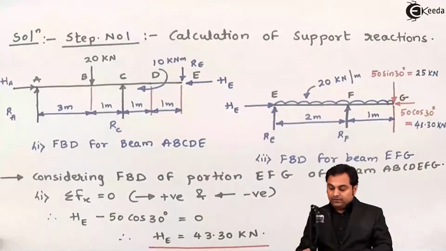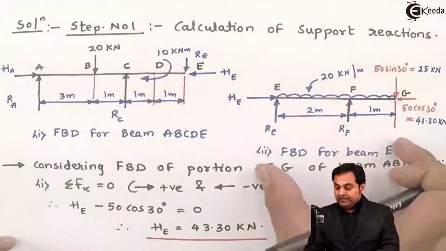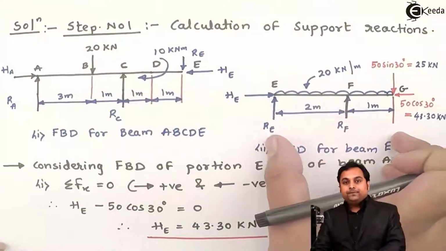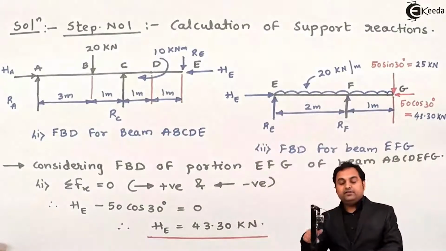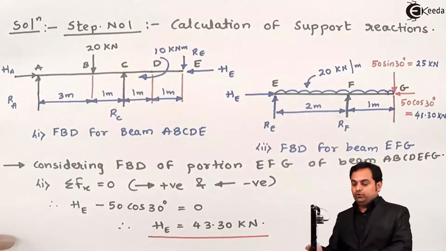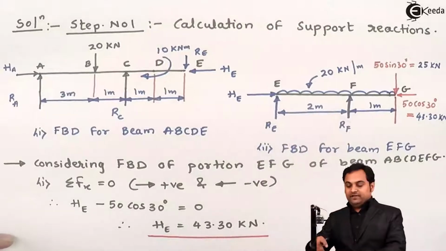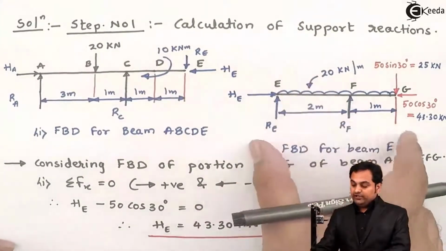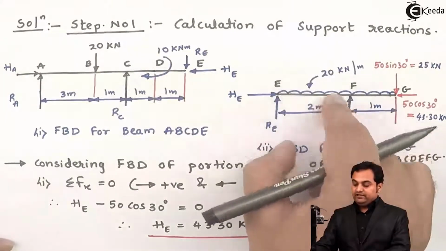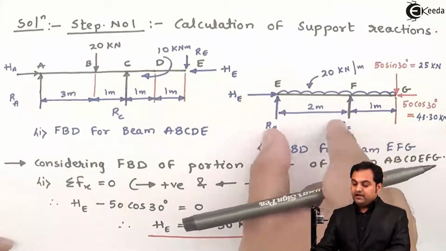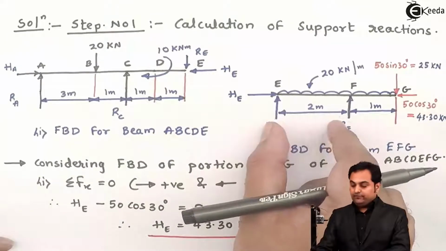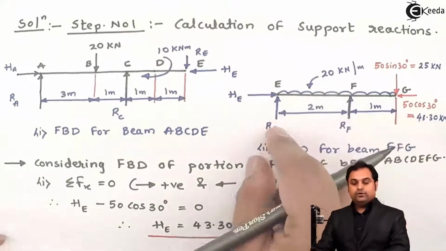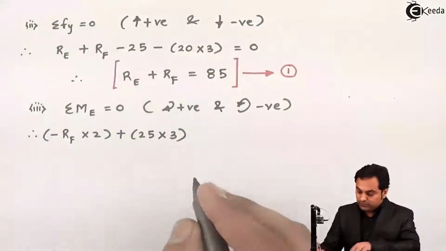Then there is the UDL, whose value is 60, that is 20 into 3. The UDL, which I convert into a point load, will be acting downward, and when I take the moment at point E, it will be clockwise. When I take the point load, it will be acting at half of 3, that is 1.5 from point E. So it will be 20 into 3 into 1.5, producing clockwise, so positive.